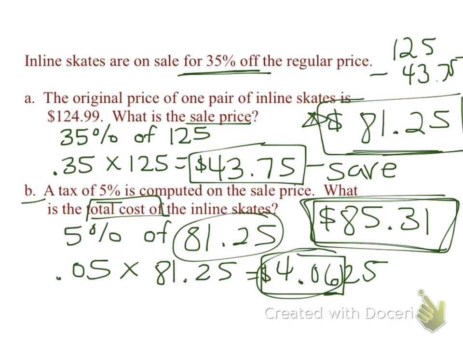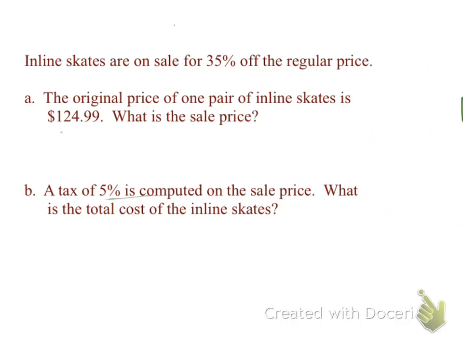Okay, so for all of you people who want just a little bit more of a challenge, here's what I want you to think about. So originally for A, we found 35%, right? Well, here's actually something that I do. If it's a sale price, right away I know if I am saving 35%, that means I am going to pay 65%.